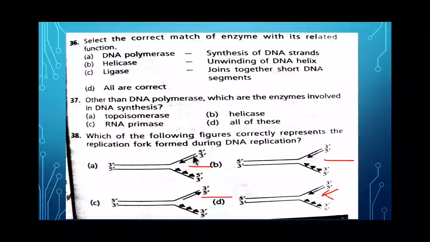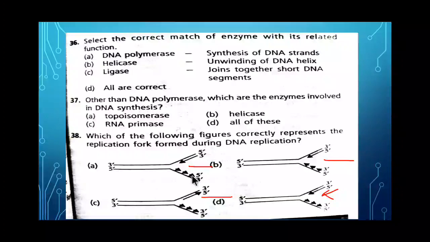So first you have to know that the synthesis of DNA by DNA polymerase occurs only in 5' to 3' direction. So one strand is called the leading strand, and is copied in the same direction as the unwinding helix. Okay, so this one is not correct. The arrow should be from 5' to 3'.